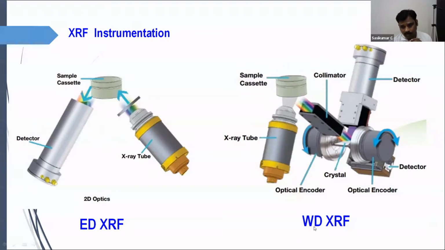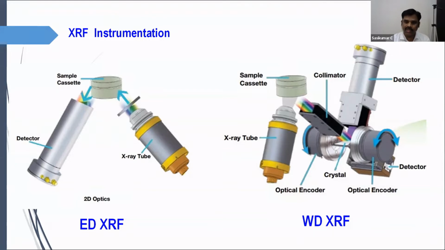In case of a WD XRF, the X-rays from the X-ray source fall on your sample specimen, so X-rays will be emitted by your specimen. Now, we are not directly going to analyze them. In fact, we resolve them based on their wavelength. The emitted X-rays are of different wavelengths based on your chemical composition.